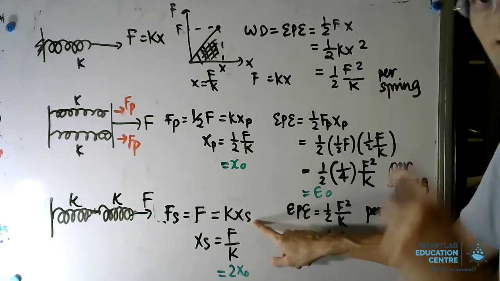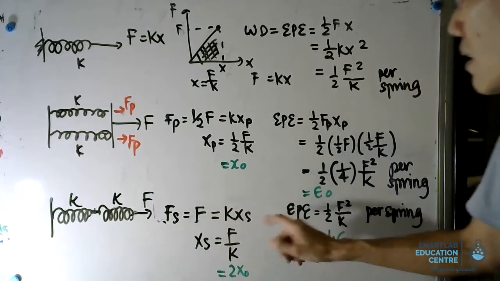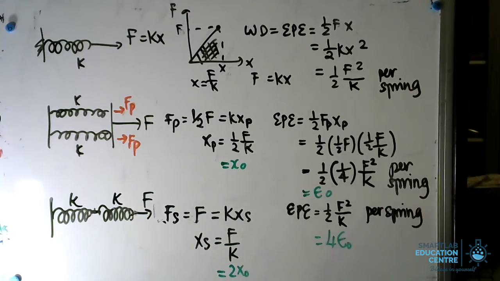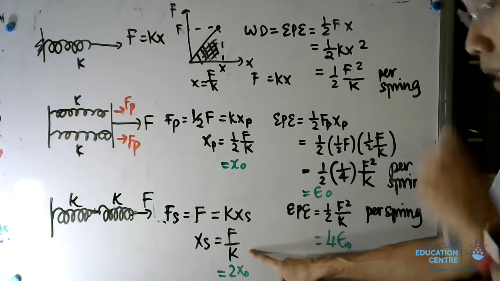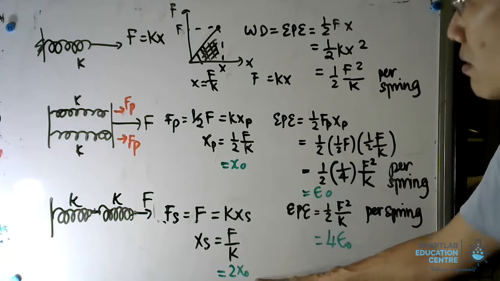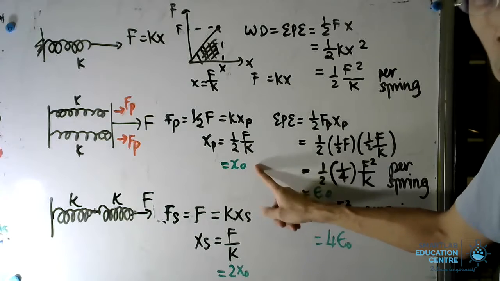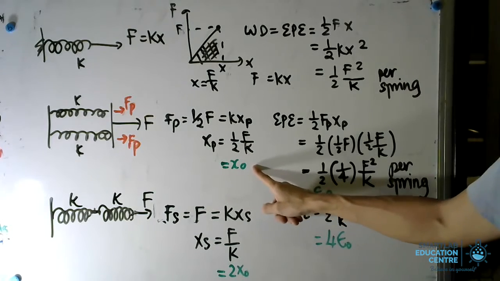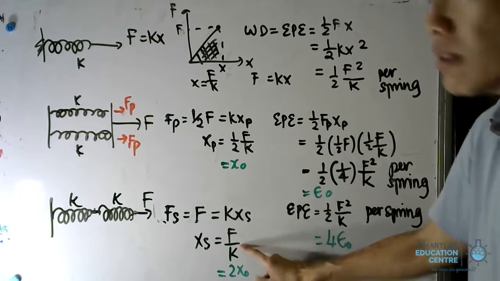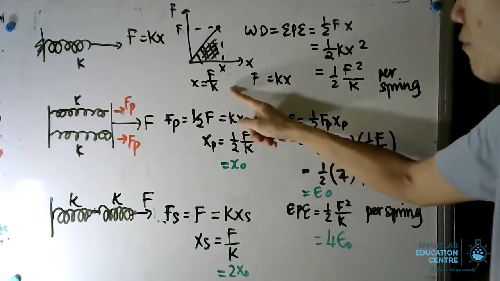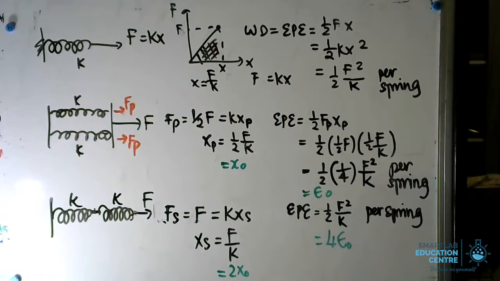Xs is the extension of a single spring connected in series. So Xs is F divided by K. And clearly, in terms of the extension, you will find that the extension for each spring is double that of the spring if connected in parallel. And the extension is equal to the case when force F is applied on the single spring.